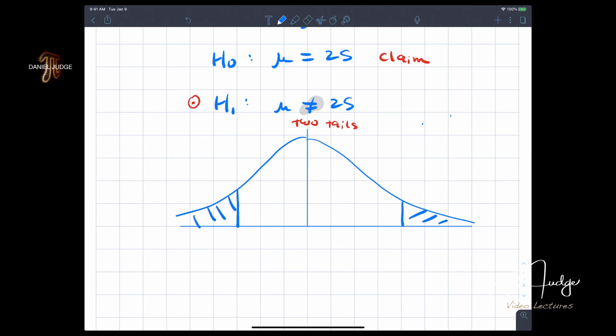Now, just like we wrote down yesterday, the middle portion is going to be the do not reject the null region, that middle portion. The tails, this is where we reject the null. So you're going to reject this null. Okay, we're almost done with the decision rule. So this is how we're starting to set up this decision rule.